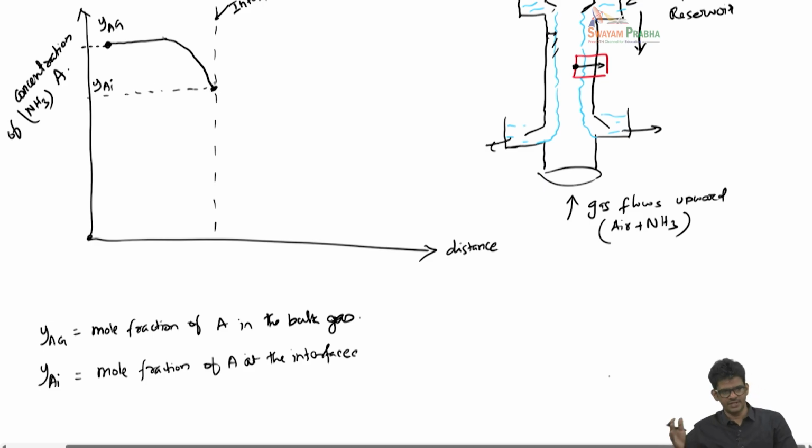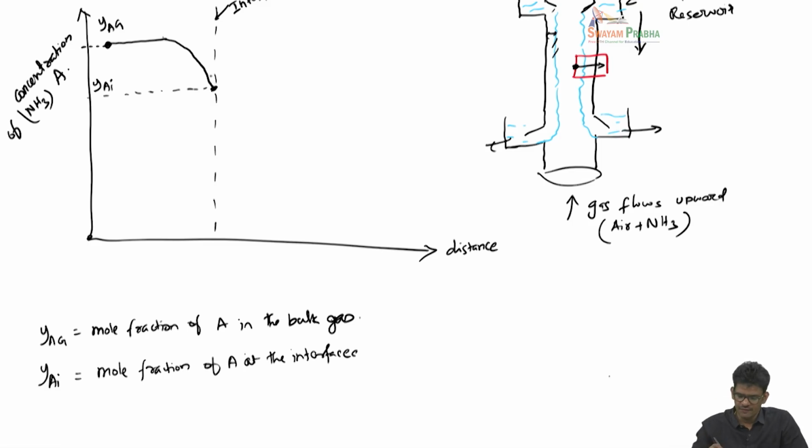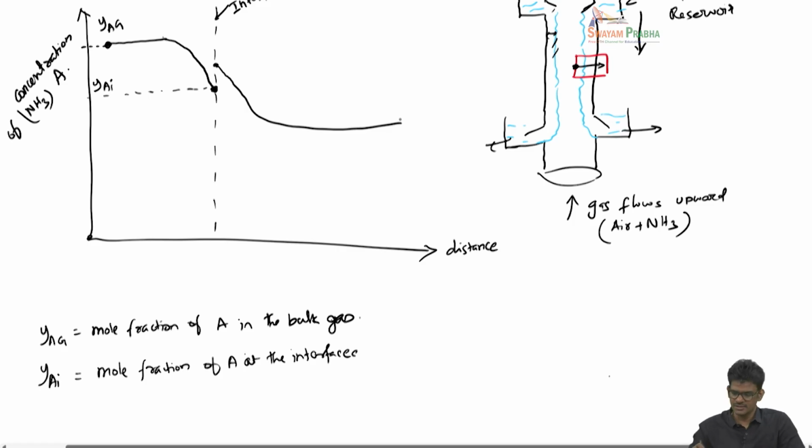Now if you cross further, you are going into the liquid phase. The liquid phase concentration will not start here, it will start a little bit above or maybe below, and then it will have a signature like this. Okay, so this is your XAL.